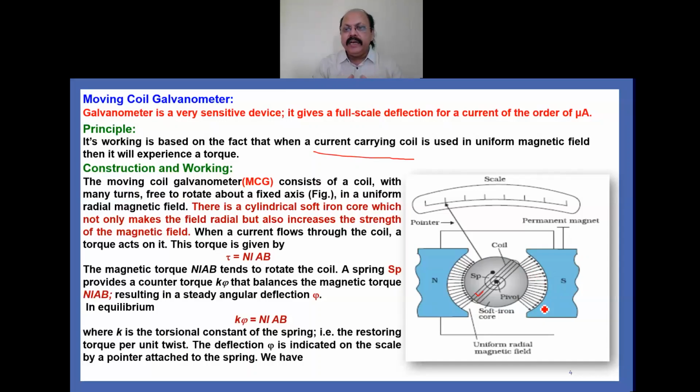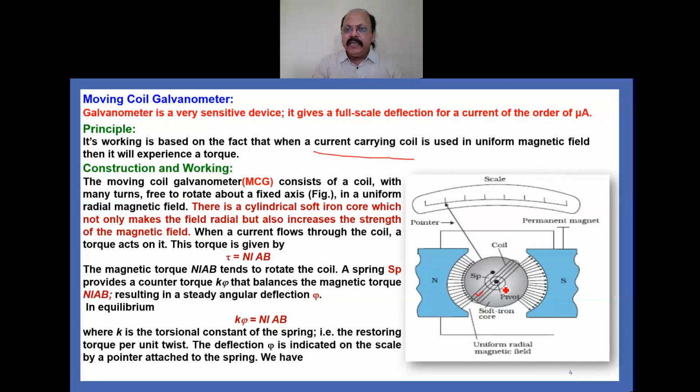As you already studied about the radial magnetic field in the case of the torque acting on a current carrying rectangular loop, the maximum torque is experienced by the current carrying loop when it sets its axis parallel to the magnetic field.